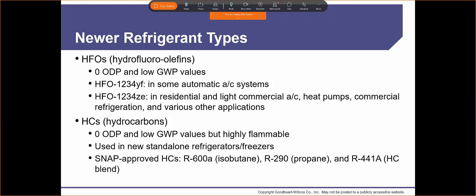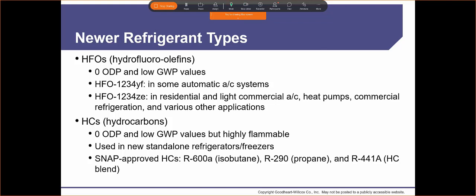It may explode because it's going to ignite that flammable refrigerant. So what that means is now we're going to have to buy specialized equipment like vacuum pumps or recovery machines or anything else that's electrical to mitigate the risk of the dangers from that flammable refrigerant. So it's a whole other world right now if we do get into those.